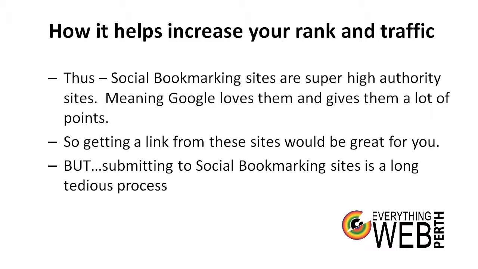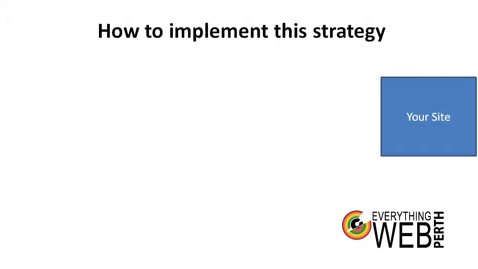But submitting to social bookmarking sites is a long, tedious process. It can take hours and hours and hours and lead up to a day. But I want to show you a quick and easy and fast way to start utilizing social bookmarking to generate traffic and rank your site in Google.